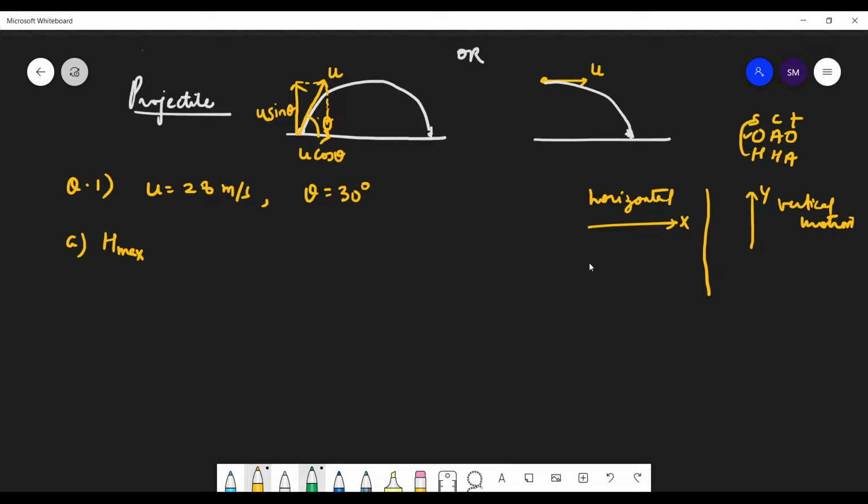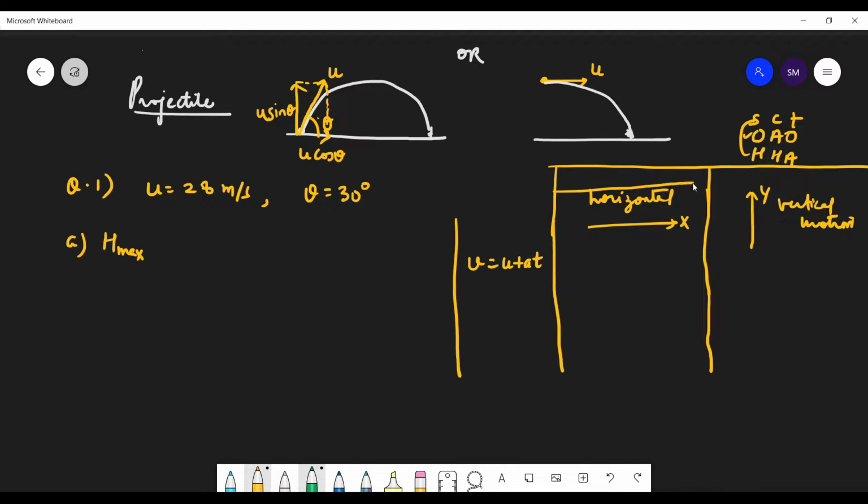And we have discussed already the equations of motion. We have first equation v is equals to u plus at. So from where do we get a? We always get a from F is equals to ma.